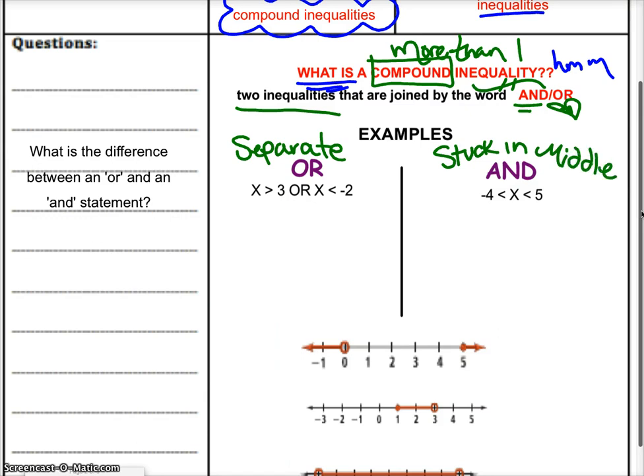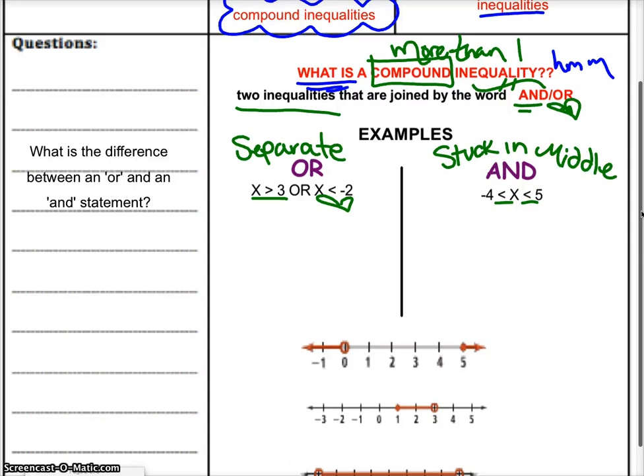That's what an and is. So this is saying -4 is less than x, which is less than 5. The or statement says x is bigger than 3 or x is less than -2. It's separate situations. You can't have them happen at the same time.